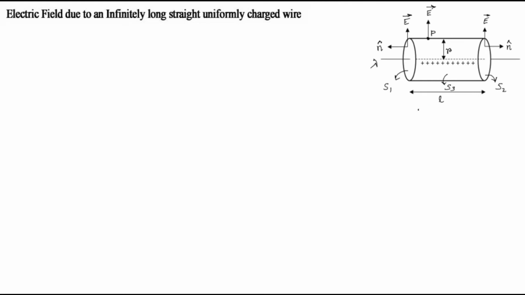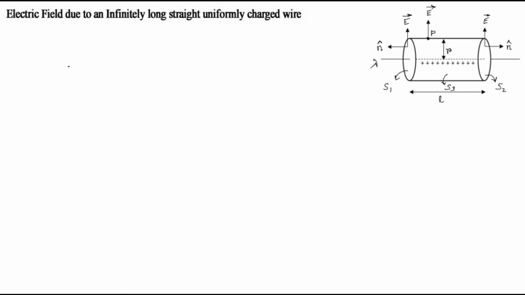Now, we will calculate flux through each of these faces. We have an electric field here, so obviously there will be flux passing through this curved surface and these two flat circular surfaces.